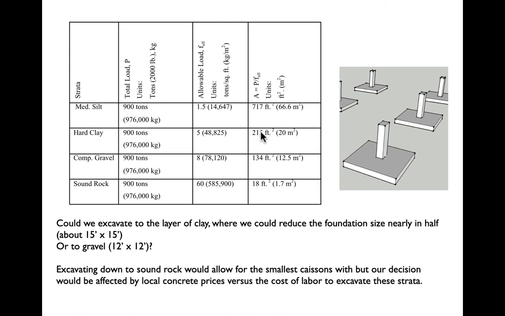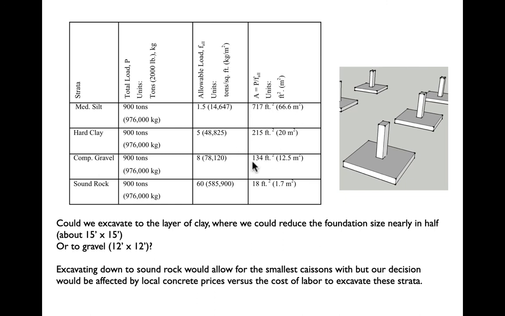If we're willing to go down a little further, that next 3 meters, we find that compact gravel with an allowable load of 8 tons per square foot only requires 134 square feet of foundations, or 12 foot by 12 foot. Somewhere in there, one of those two is going to be more economical, depending on labor costs, depending on how much it costs to excavate. We may find that we want to go down less far, but provide more area, or we might dig down further and use less material for the foundations.